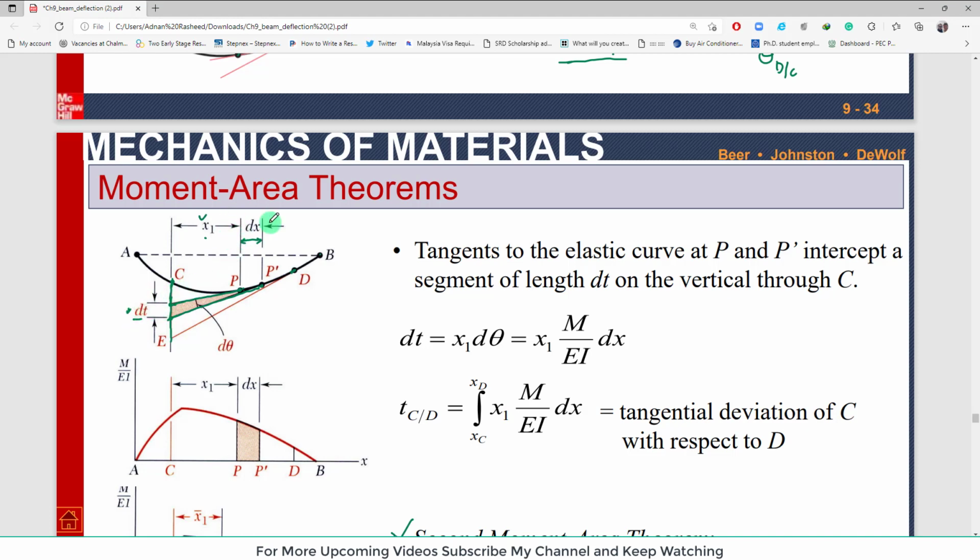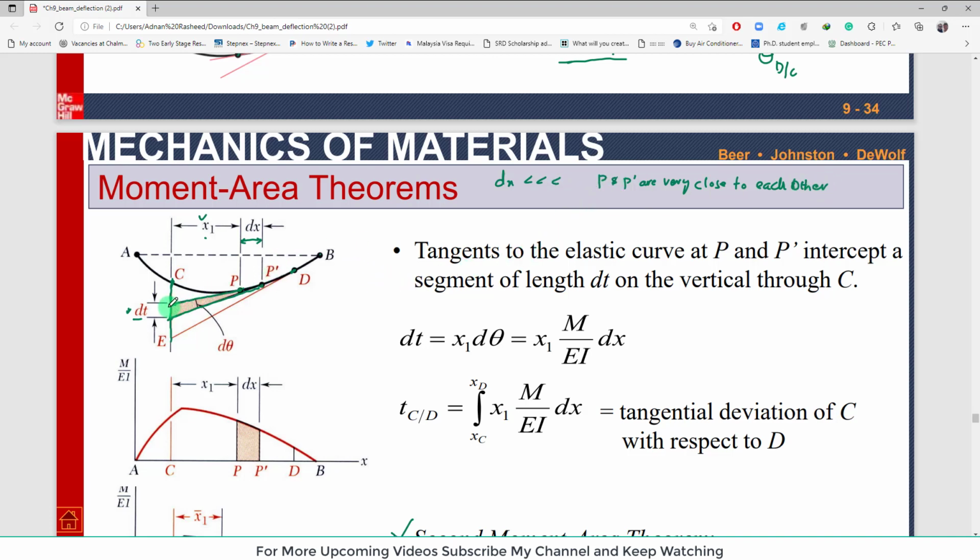Okay, so if you look at this line P and P dash, this dx is very, very small, so it means that P and P dash are very close to each other. It means P dash and P are at the same point, clear.